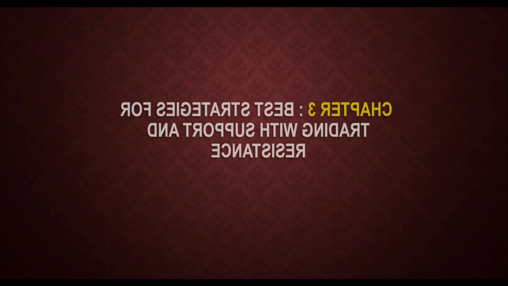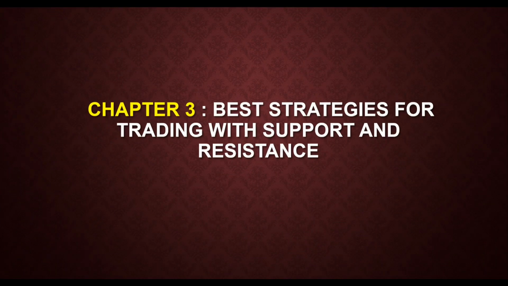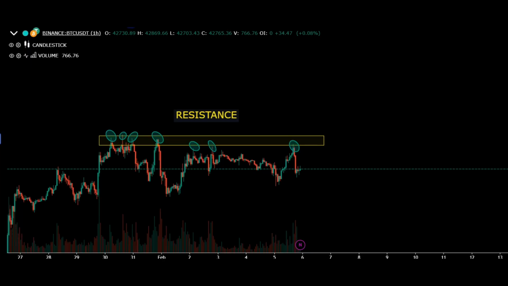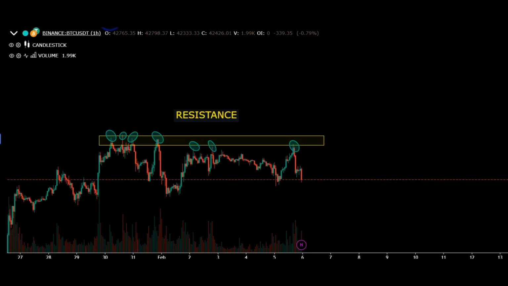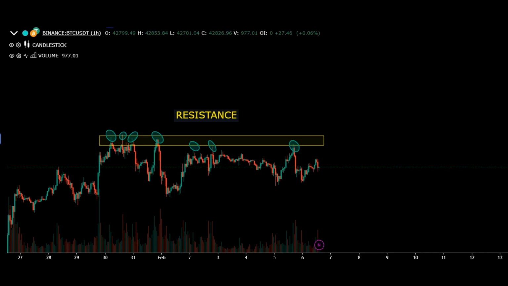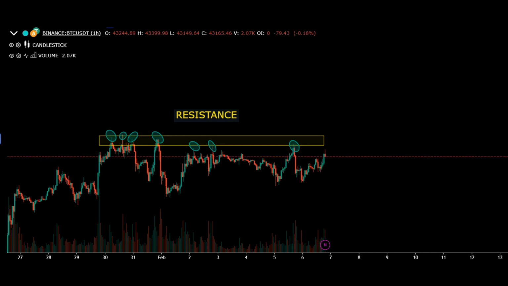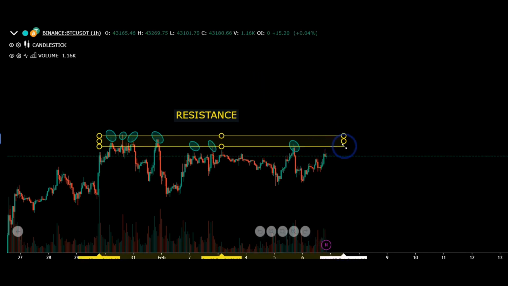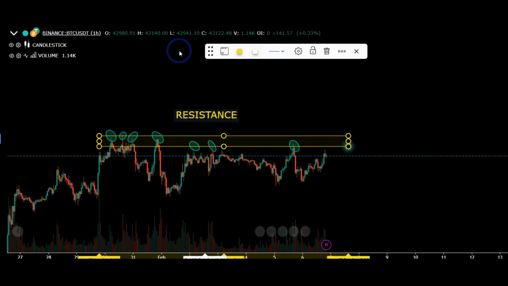Best strategies for trading with support and resistance. In the BTC/USDT chart with a 1-hour time frame, we had a significant resistance level with multiple rejections. Each time the price hit this level, it was rejected.